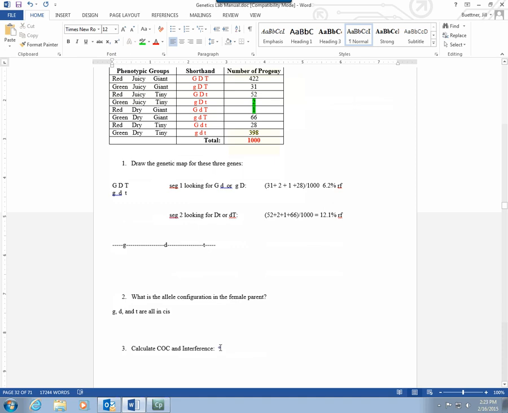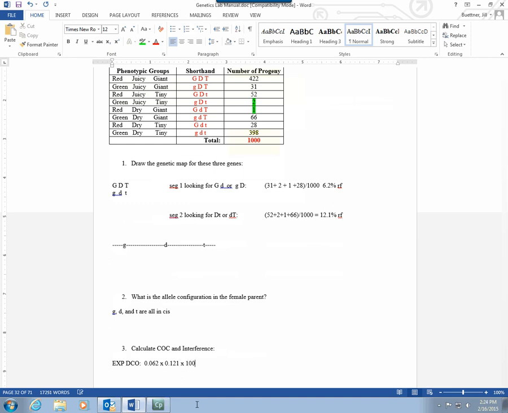All right, C of C and interference. Coefficient of coincidence, first you have to calculate expected DCOs. And expected DCOs is going to be the recombination frequency of segment 1, but use the decimal. Don't do 6.2, do 0.062 times the recombination frequency in segment 2 times the total, which is 1,000.